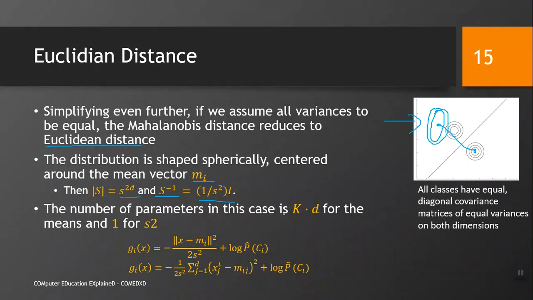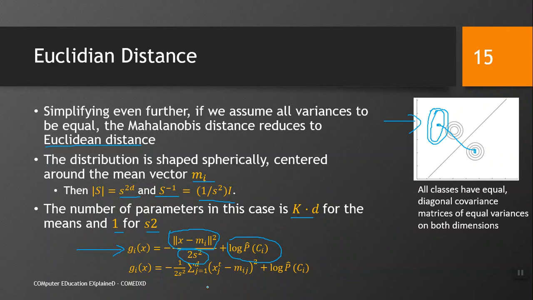The number of parameters in this case is k cross d for the means and 1 for S squared. So the discriminant function, which is given like this, reduces to this form, and if for the time being we ignore this term, it becomes a Euclidean distance just normalized by this.